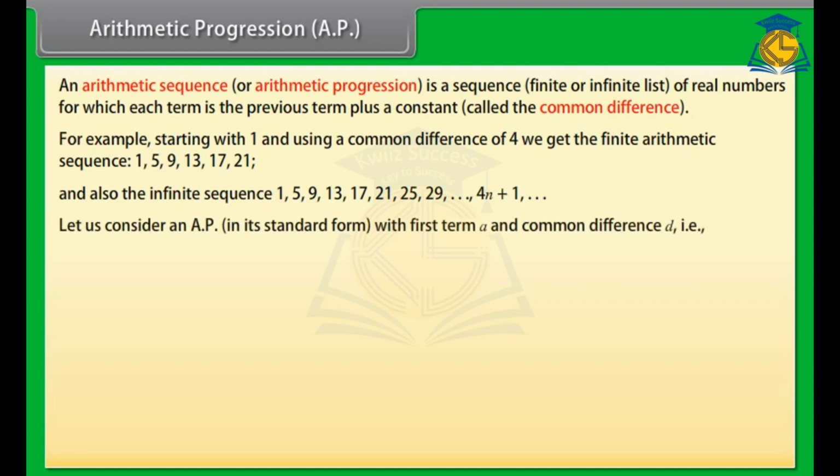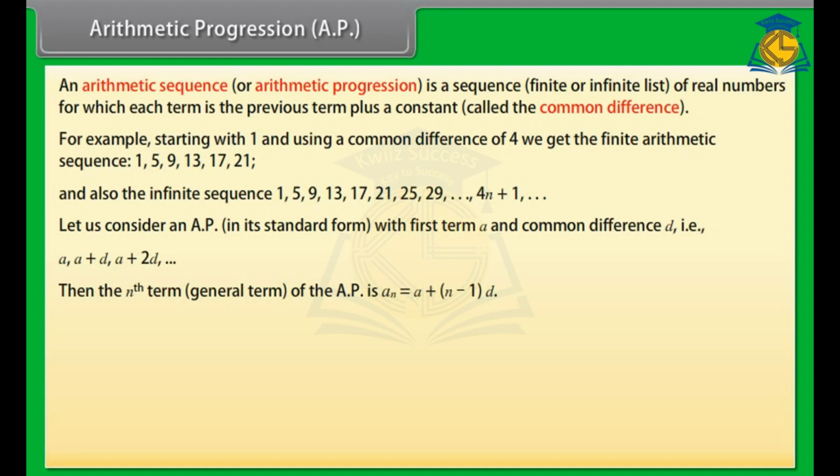Let us consider an AP in its standard form with first term a and common difference d, that is a, a plus d, a plus 2d, and so on. Then the nth term, that is the general term of the AP, is an is equal to a plus n minus 1 into d.